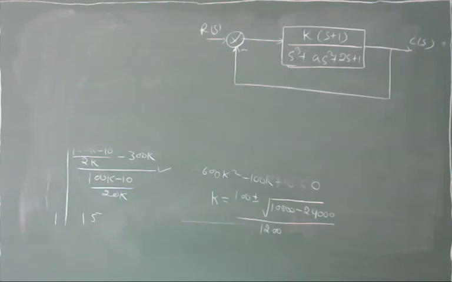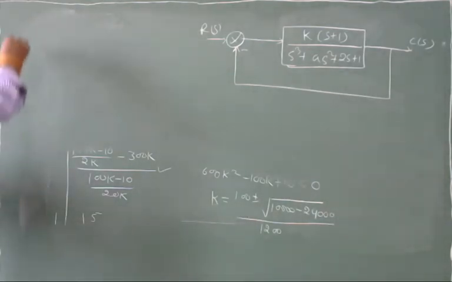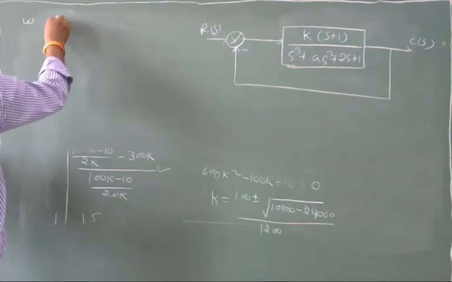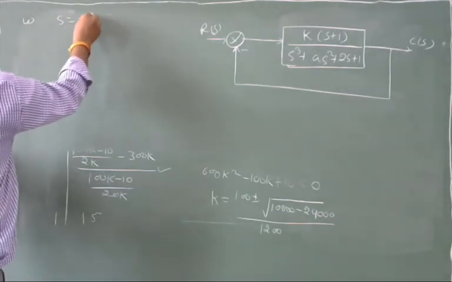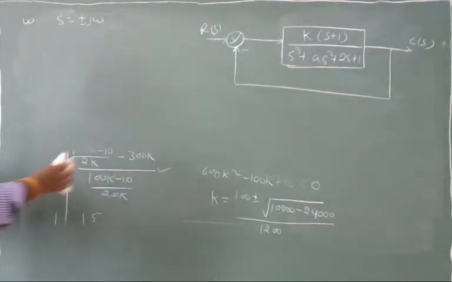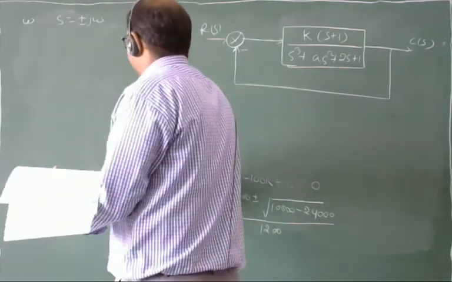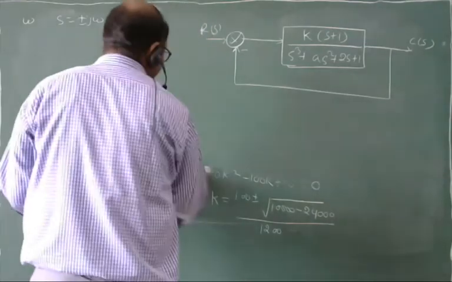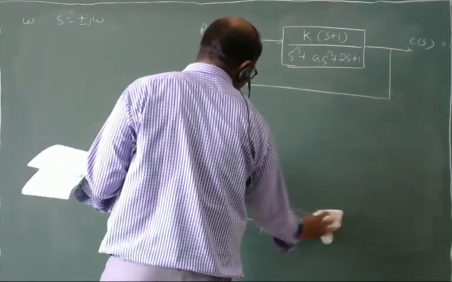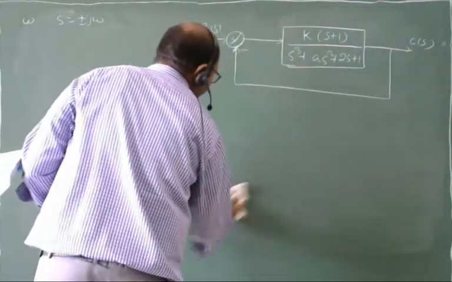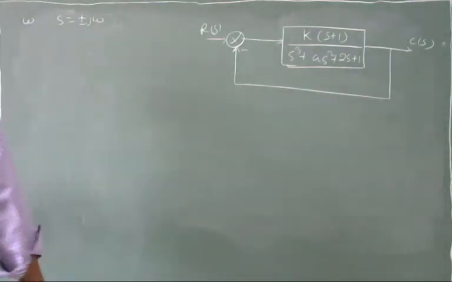The question is, a system oscillates with frequency omega if it has poles at s equal to plus minus j omega. This is very true. If the roots lie on the j omega axis, the system will oscillate at the frequency omega, right? And there is no pole in the right half of the s plane.